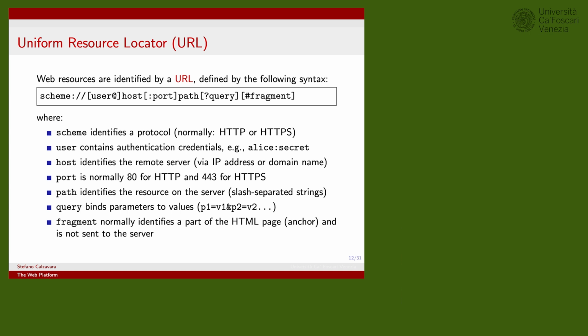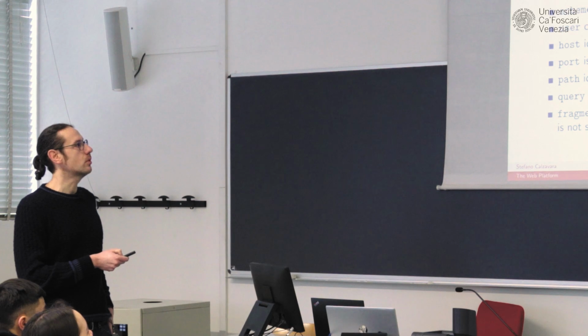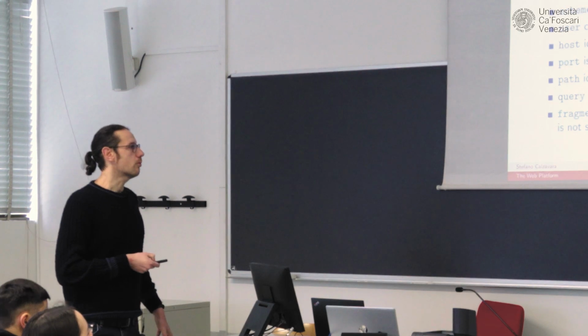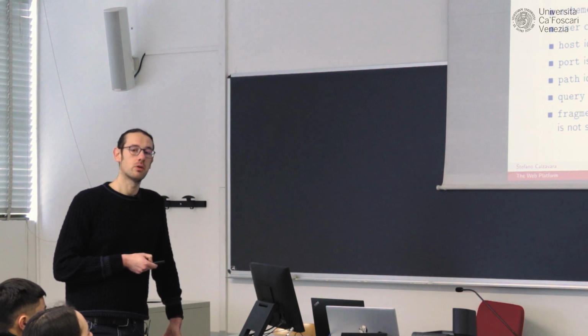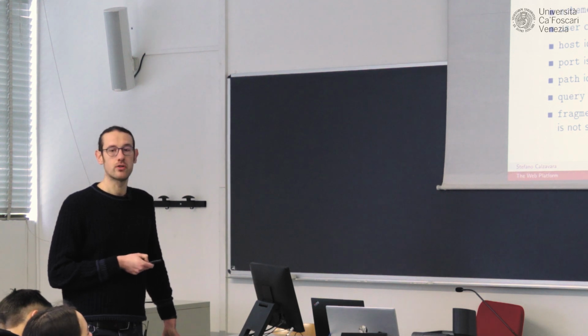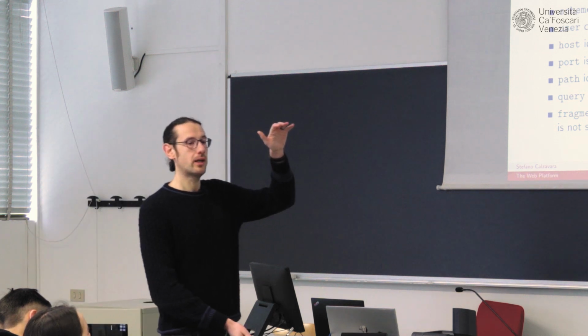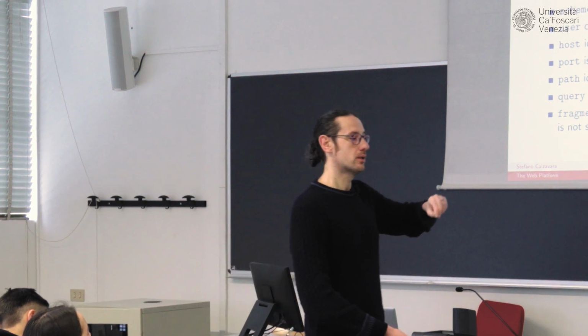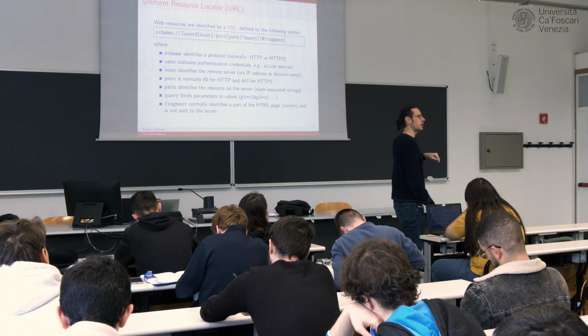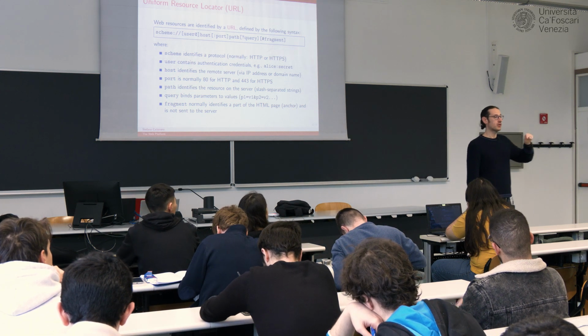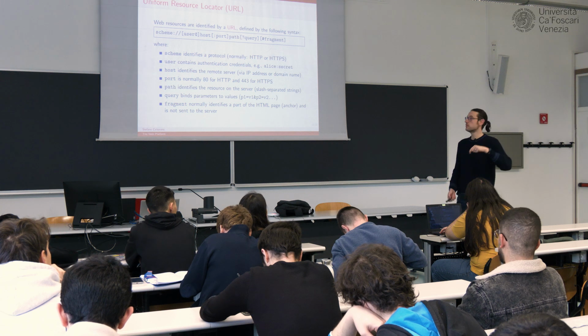The fragment identifier, instead, is the part after the hash symbol. It normally identifies some part of the HTML page, which is called an anchor. For example, if you have a very long HTML page, you can create multiple anchors so that users might click a link and jump to the specific part of the very long page that you created.